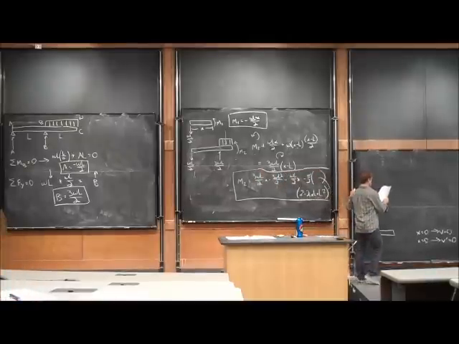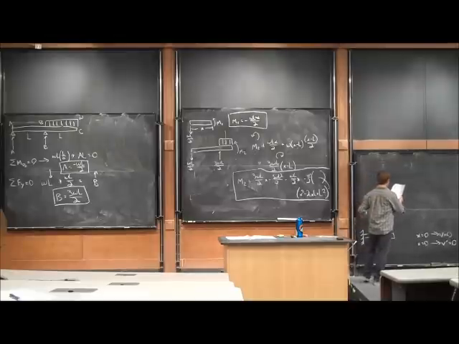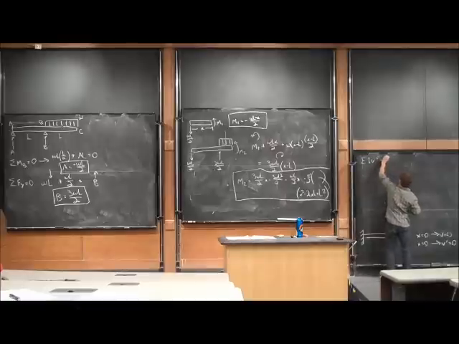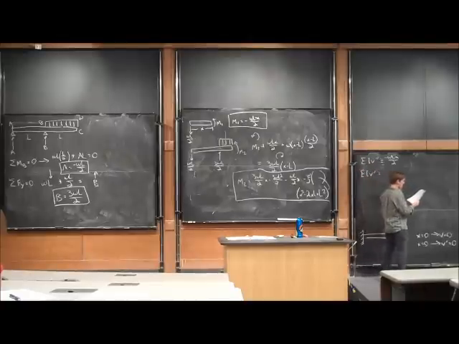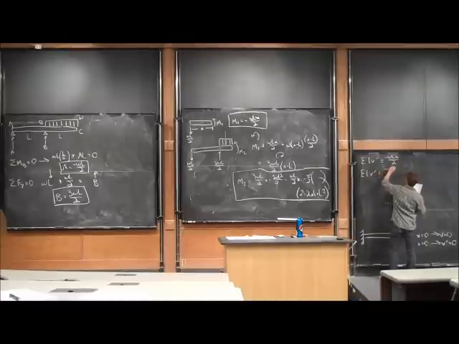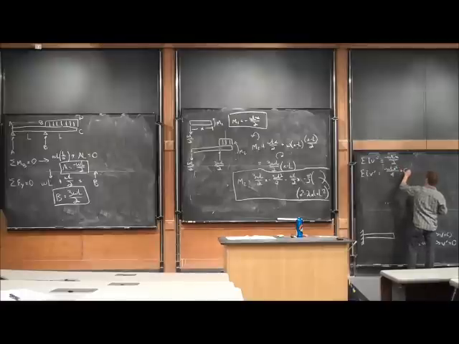So our first moment equation says that EIV double prime is equal to negative WLX over 2. So EIV prime is going to be negative WLX squared over 4 plus some constant.